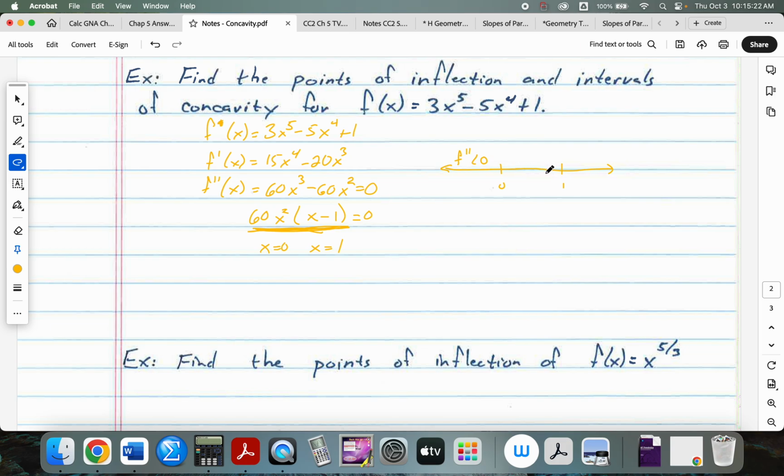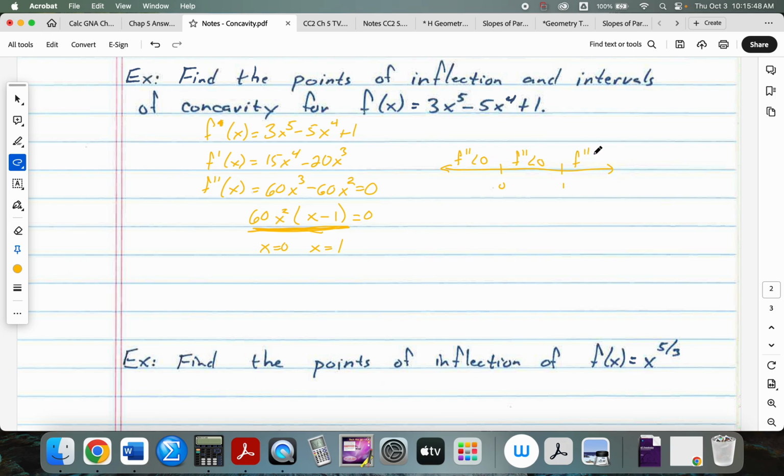Between 0 and 1, let's say I pick a half, the 60x squared is still positive and the x minus 1 is still negative. So f double prime is still negative here. But if I pick a value larger than 1 and substitute it in, now the x minus 1 is positive and the 60x squared is still positive.